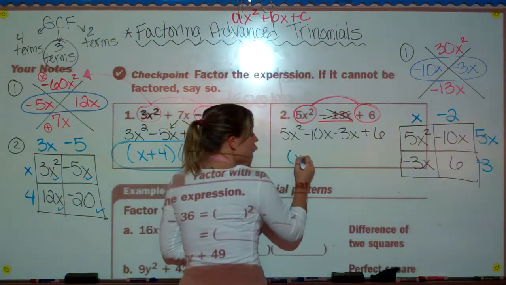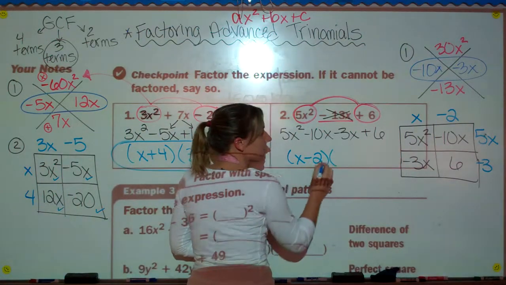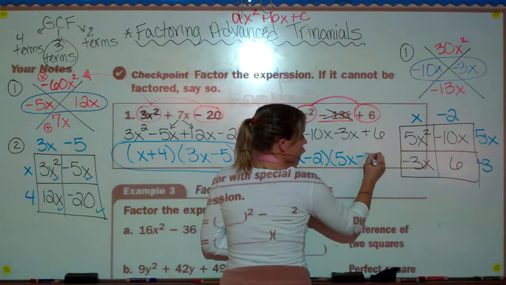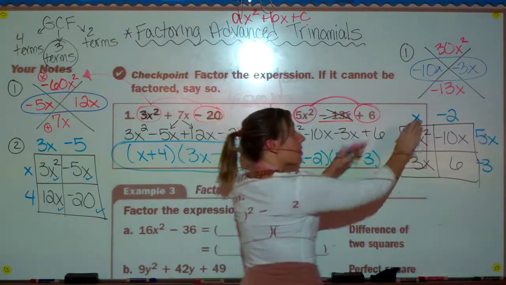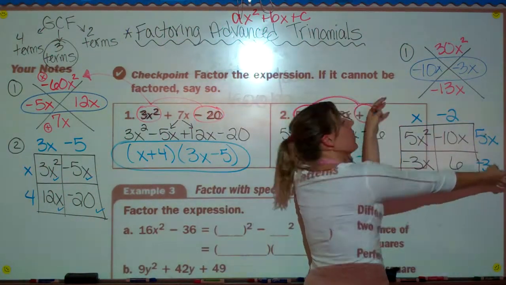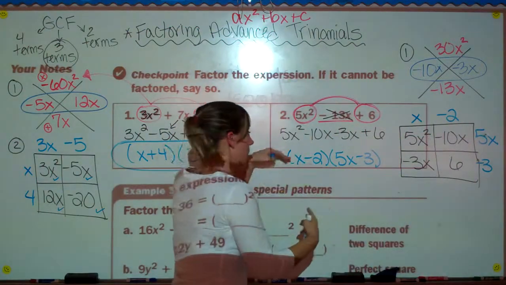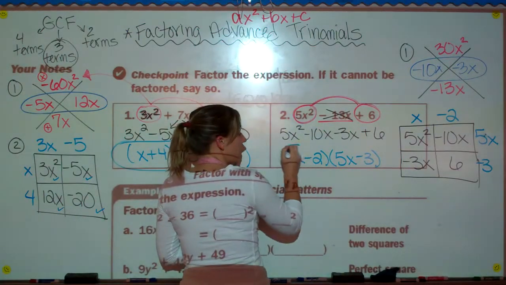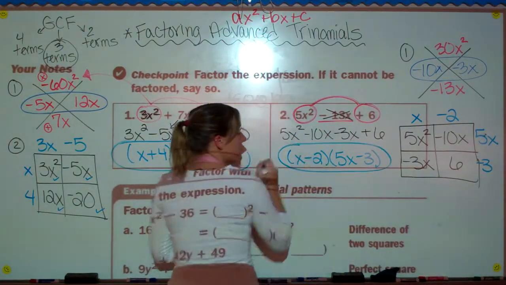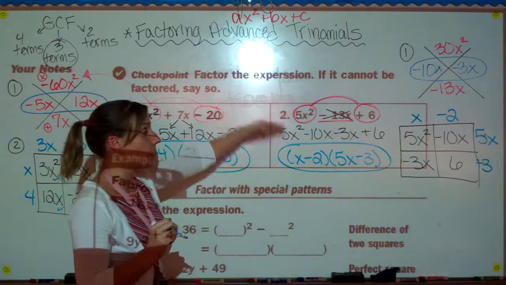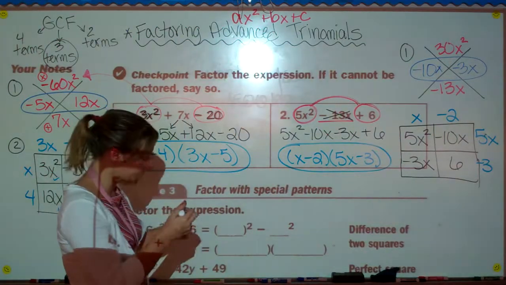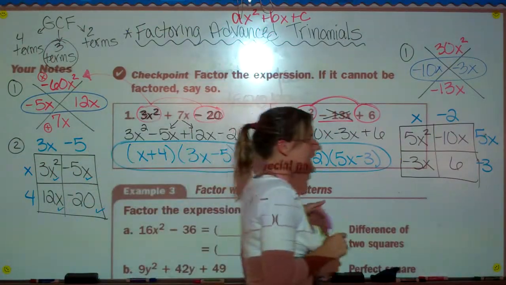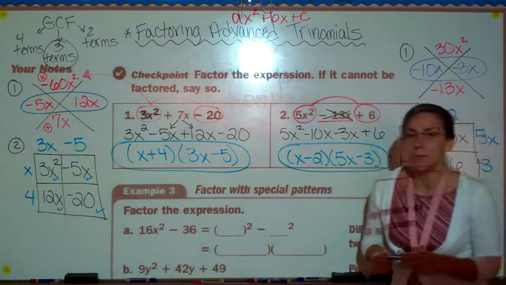So these two binomials, x minus 2 and 5x minus 3, when we put them on the outside, we just saw that they'll multiply to here, and then they'll add up to that trinomial. So that is the factored form when we go in reverse. All right, so then after that, it's just some pretty easy patterns.